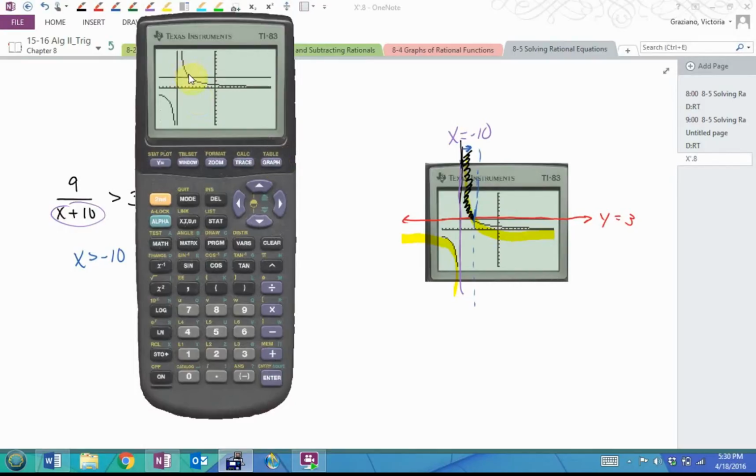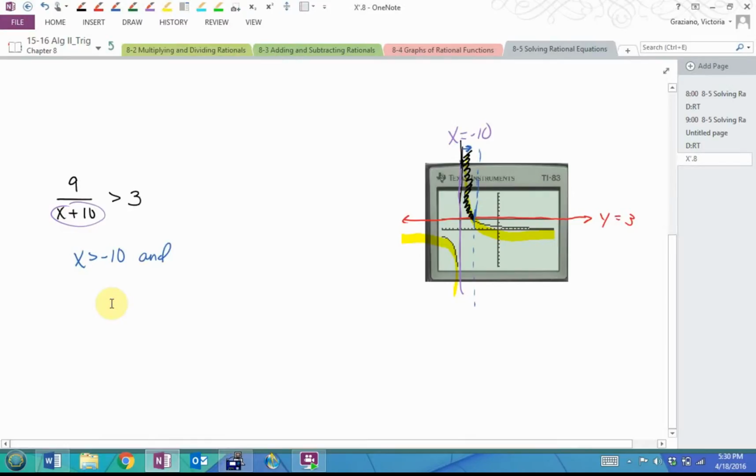Okay, so I'm looking for this intersection right here. And I'm just going to move the cursor so it's fairly close there. And it looks like I get x equals -7.